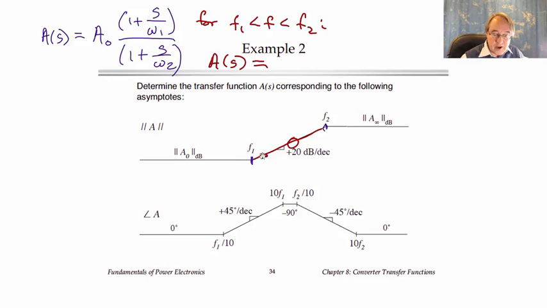If we're at frequency higher than F1, so you can think of S as being j omega, what is the magnitude of the j omega over omega 1 term relative to 1? Well, if omega is greater than omega 1, then this term has larger magnitude than the 1, and to write the equation of the asymptote, we throw out the 1.